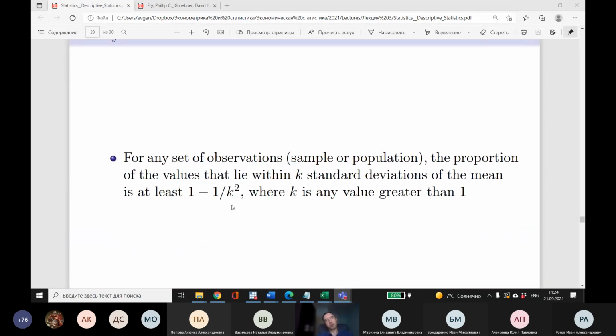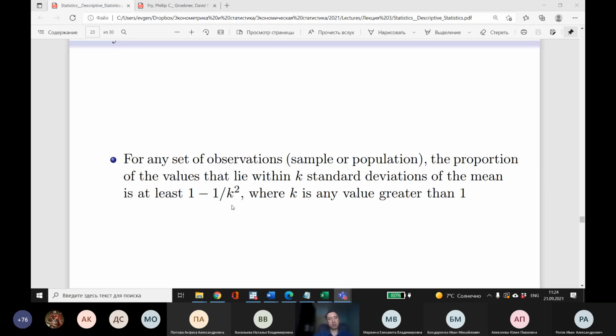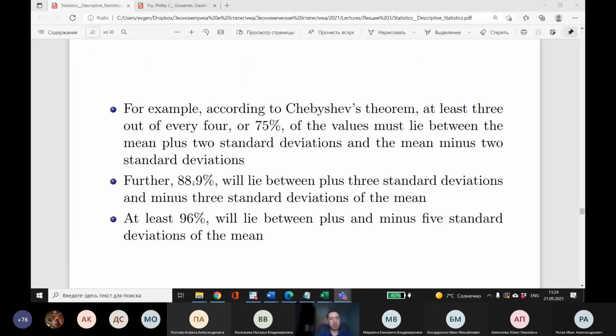How to apply the Chebyshev theorem? First, you just have to remember these 3 bullet points. Next, you should keep in mind that we can apply the Chebyshev theorem even if our distribution isn't bell-shaped. So how can we apply it in practice?